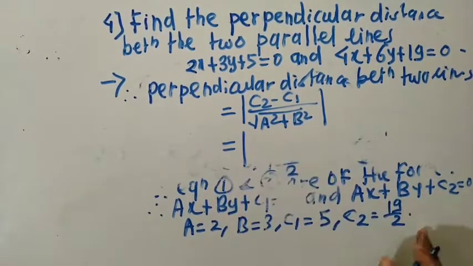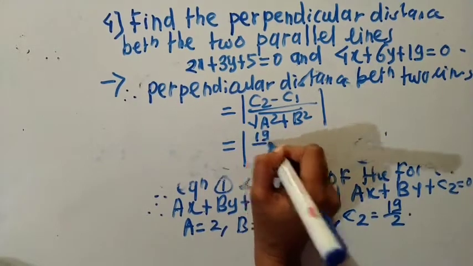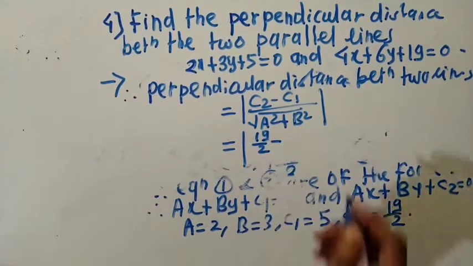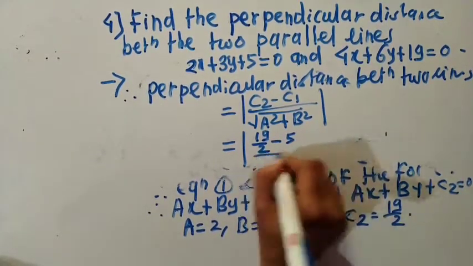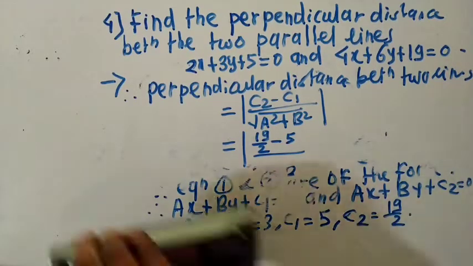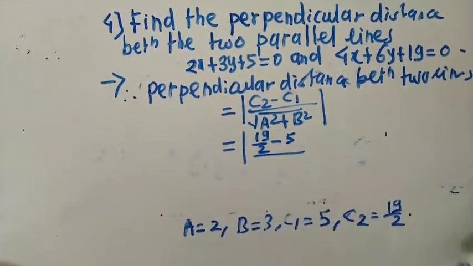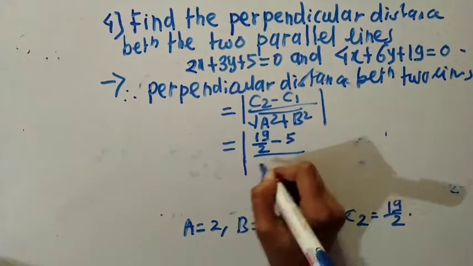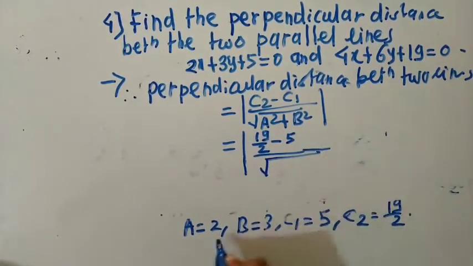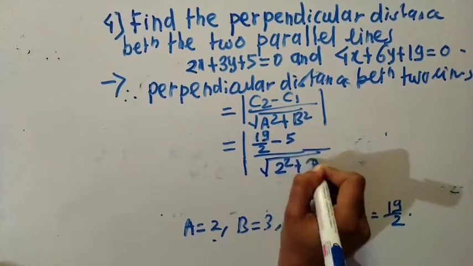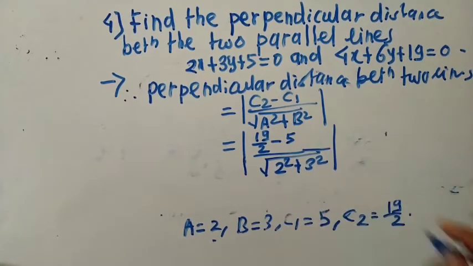Hence we get 90 upon 2 minus c1, which is 5, upon root of 2 square plus 3 square.